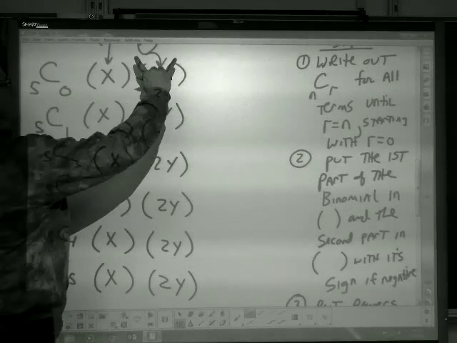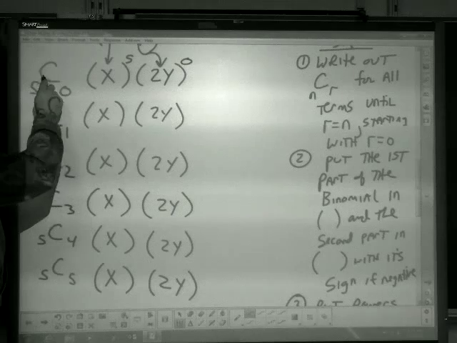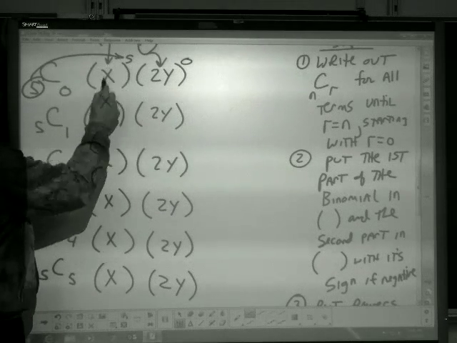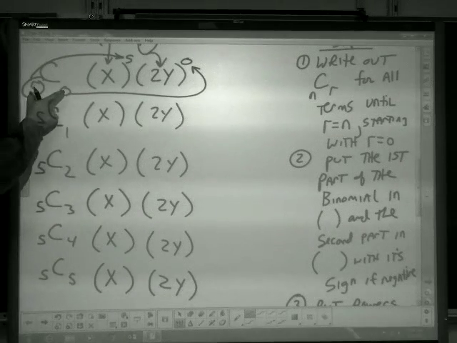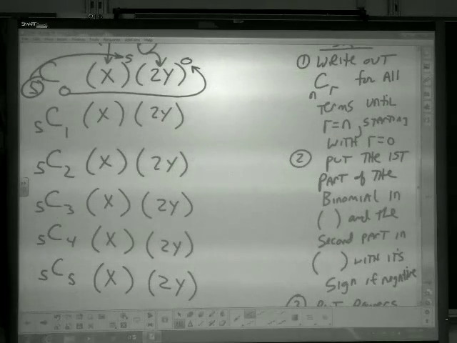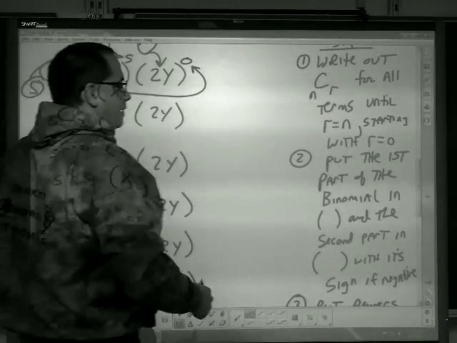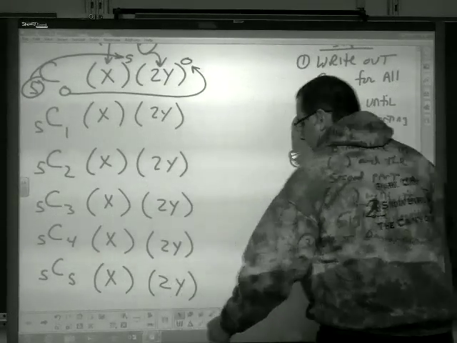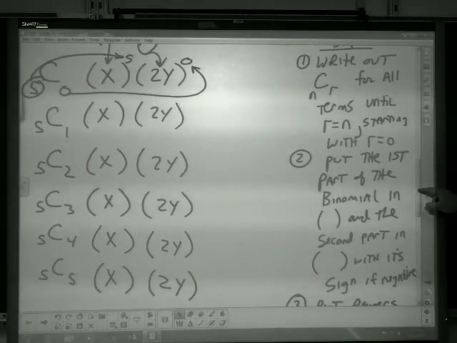So this 5 and 0 is going to go just like this. 5, 0, 5, 0. Okay? Just mimic. For binomial expansion, it has nothing to do with binomial probability. It just happens to have the same name in it.